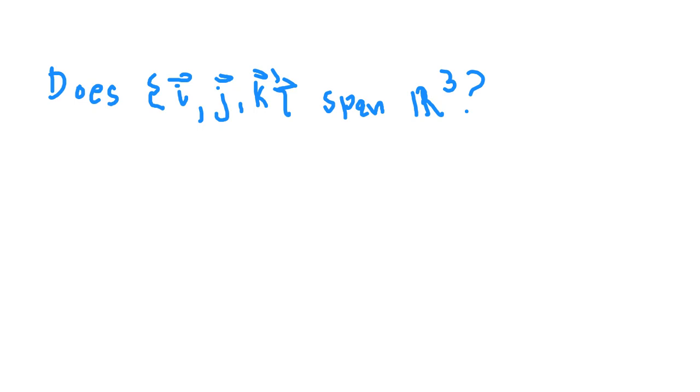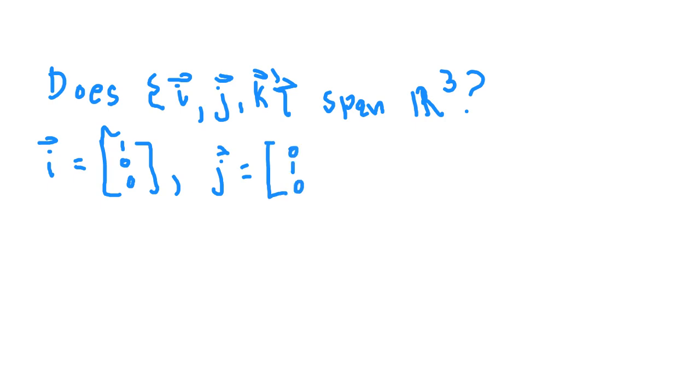I is 1, 0, 0. J is 0, 1, 0. And K is 0, 0, 1. How many recall seeing IJK maybe in another class, like multivariable calculus, an engineering class, or physics class?